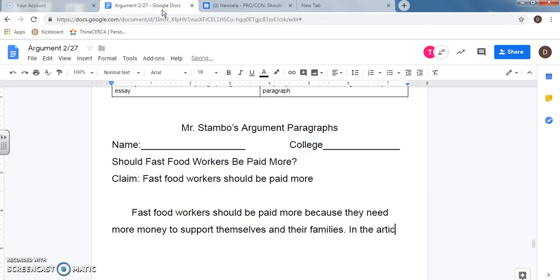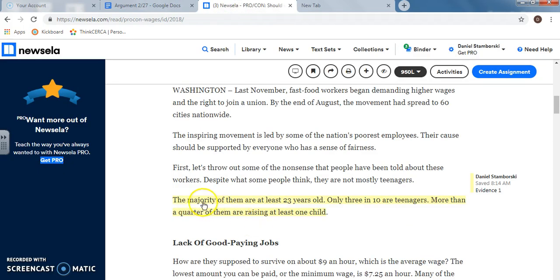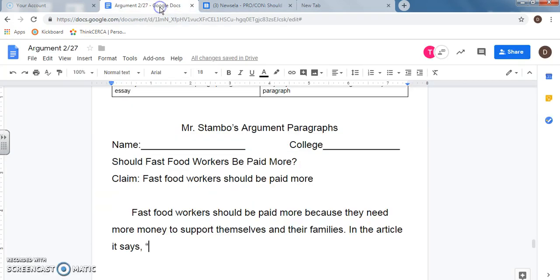In the article, it says, quote, so I might be able to copy and paste, but I'm not going to. You would just have to have it on one side and copying it on the other. The majority of them are at least 23 years old, period.